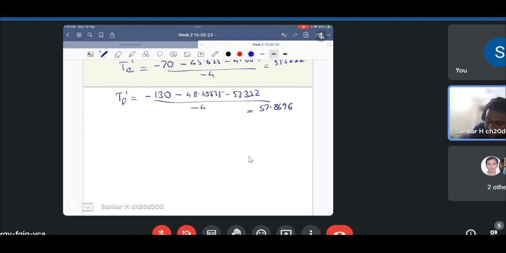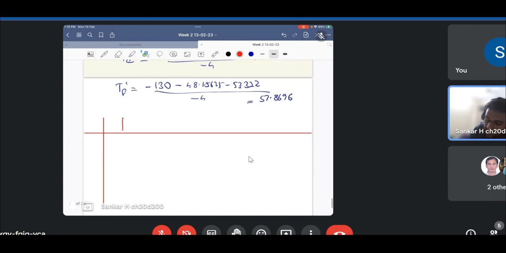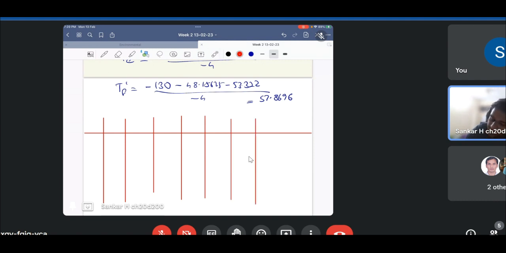So let us now tabulate whatever we have found out. We'll have K, we'll have TA, TB, TC, TD, TE, TF.